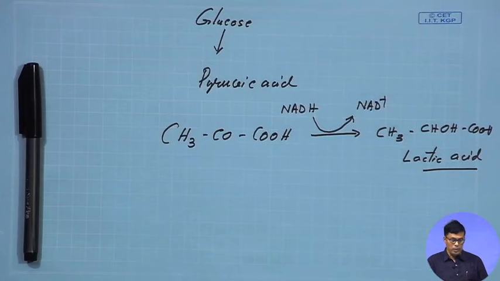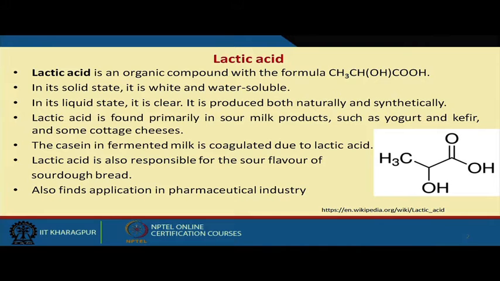So mostly in the lactic acid fermentation process, we produce lactic acid in the form of calcium lactate, because we use calcium hydroxide for controlling the pH in the fermentation media, and lactic acid is usually converted to calcium lactate.